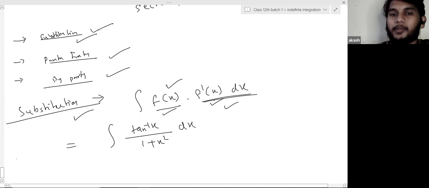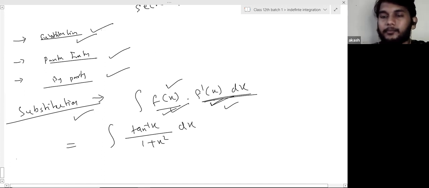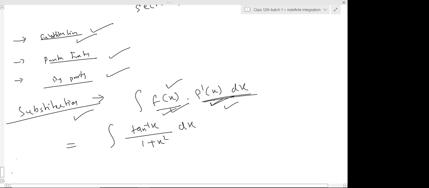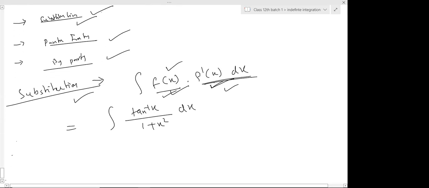First method is substitution. So can anybody see any function and its differentiation in this question? Function and its differentiation. Yes, sir. Which one is it?